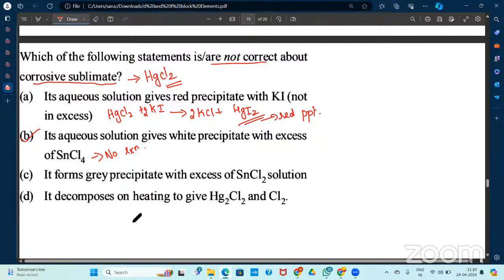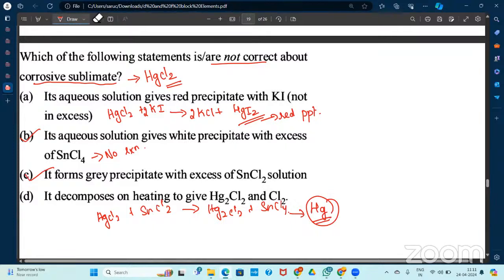So when HgCl2 reacts with SnCl2, you'll be getting Hg2Cl2 plus SnCl4. Now again, this will get decomposed to form Hg. We know that Hg is gray in color, so it forms a gray precipitate. So it is correct, it is not incorrect.